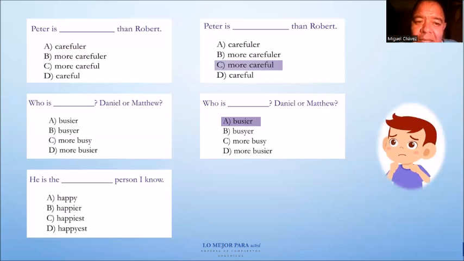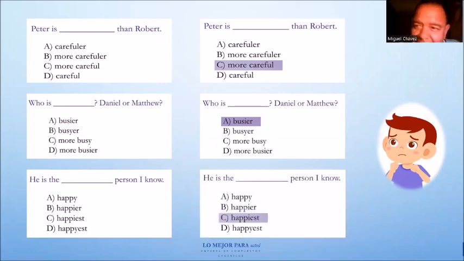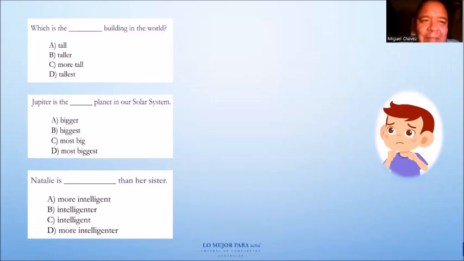A volunteer, please, to do it. The next exercise. He is the happiest person I know. Yes, thank you, Fernando. He is the happiest person. Thank you. Yes, you're right.